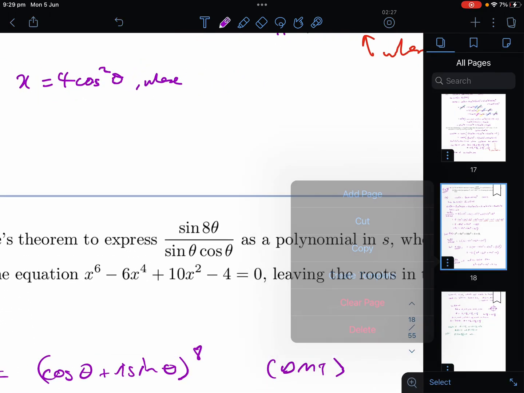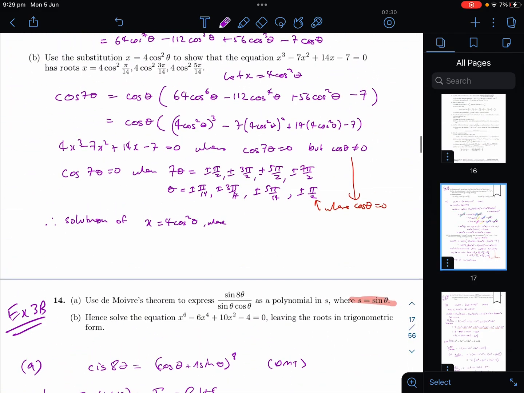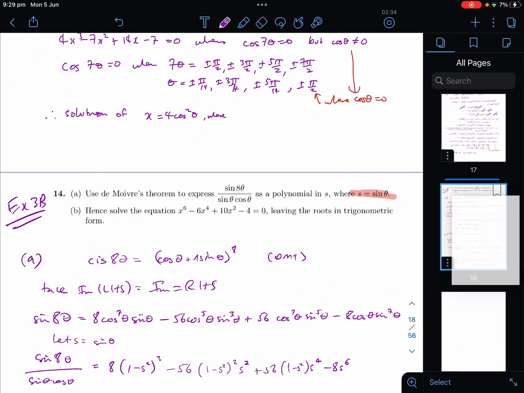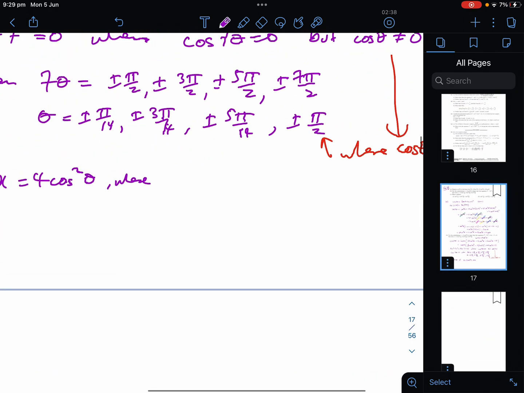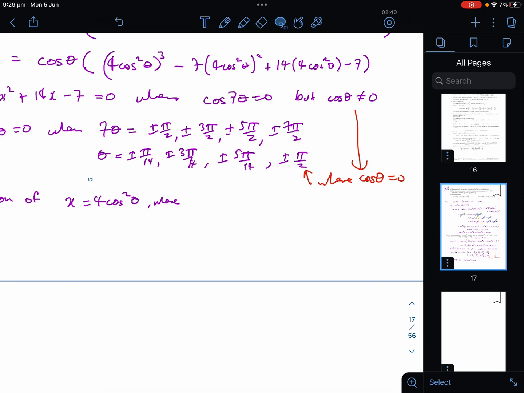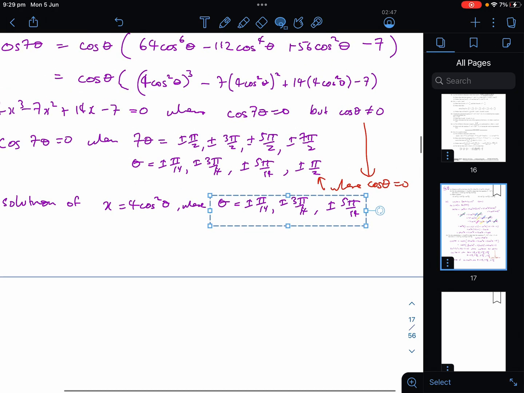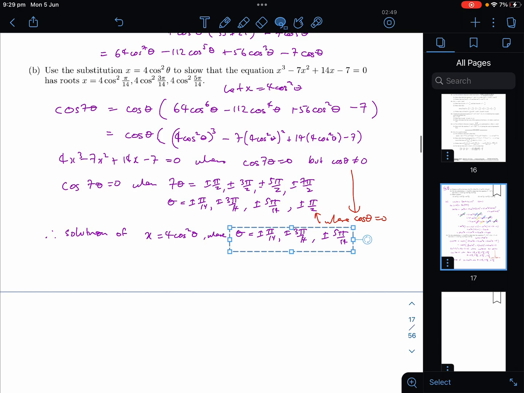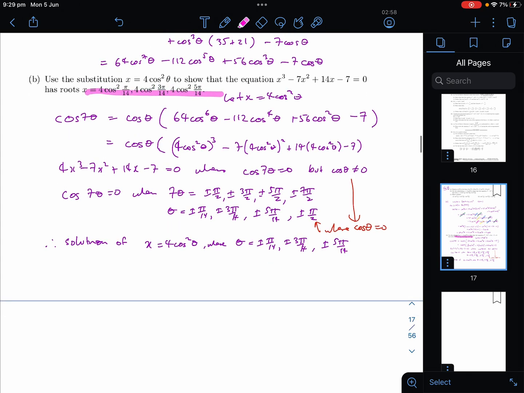Need another page, obviously. What's happened? I got the extra page in the wrong place. Where this is true. Where theta equals those things. Which is exactly what we're after.